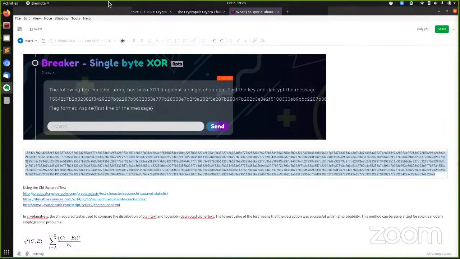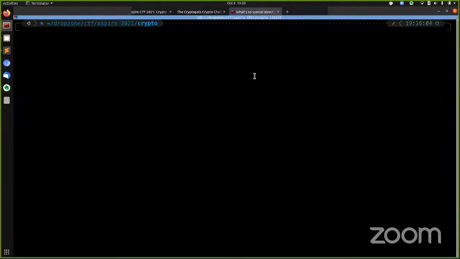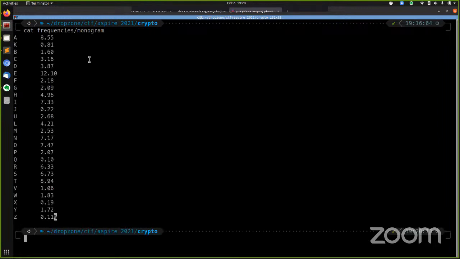First of all, let me show you what I mean. I have a file that has the probabilities of finding certain letters. The probability of finding an A is 8.55%.